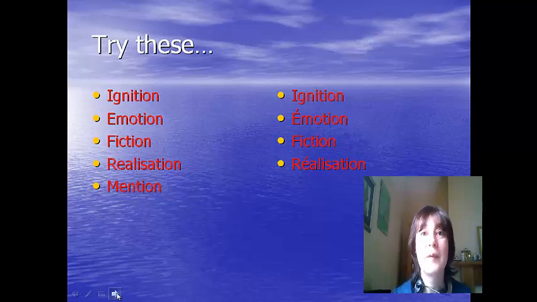Mention will be in French mention. Television, télévision. Reason, raison. Now all these words in tion, or sion, zion and zon, to use the French ending, are feminine.